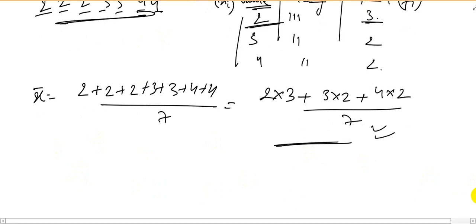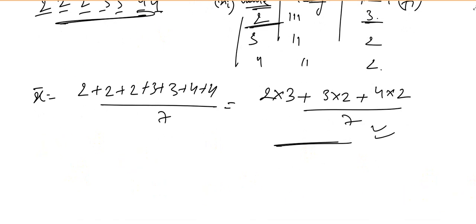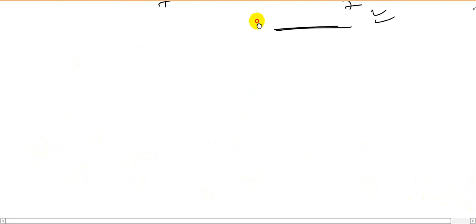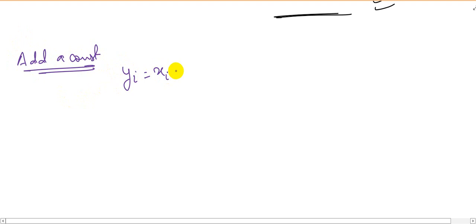Now let us try to disturb the data and see what happens to the mean. What happens if we add a constant to all values of the data set? This means that the values which were xi previously become yi, which is equal to xi plus c.